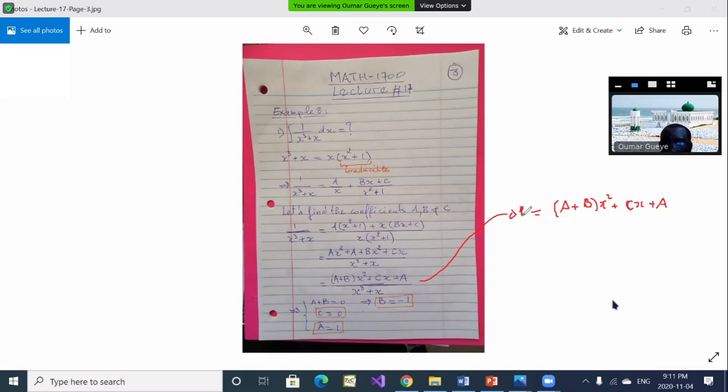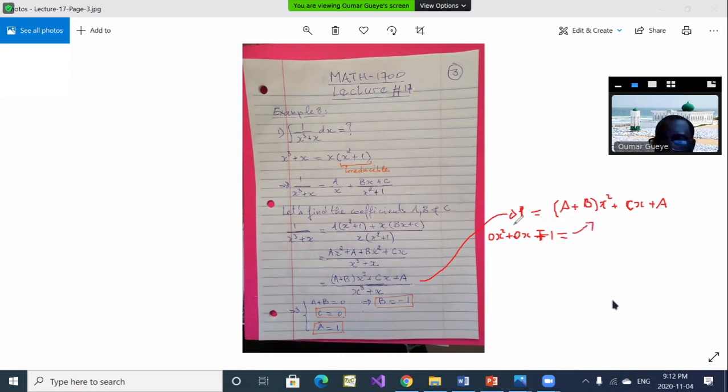And you see this one, this means 0 times x squared. Because you don't have x squared, its coefficient is 0. That's why you don't have x squared here. It's only 1 plus 0x plus 1, equal to this.